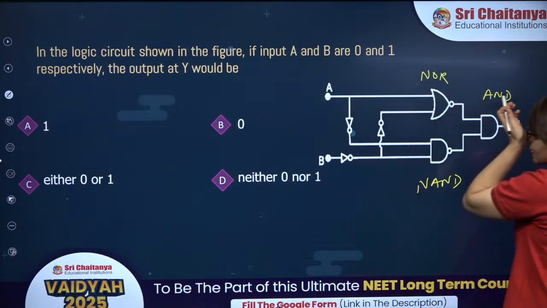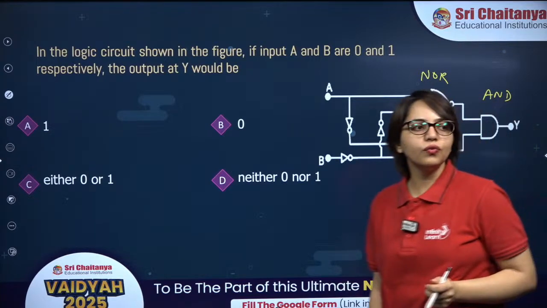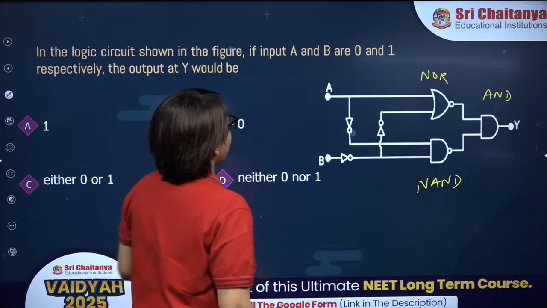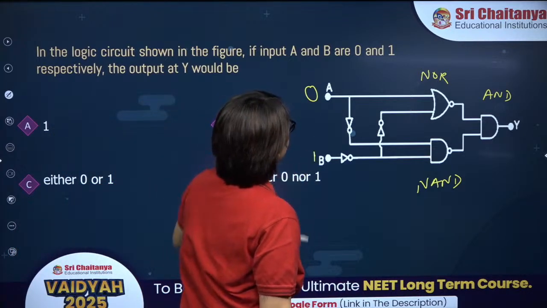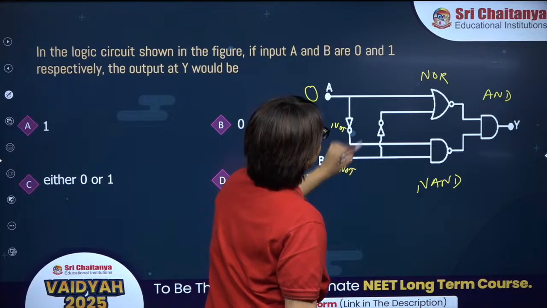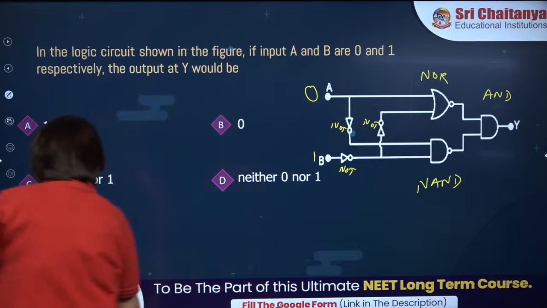So for AND, NAND and NOR, try to find it. Input A is 0 and B is 1, and these are your NOT gates. Okay, let's try to find it, everyone.